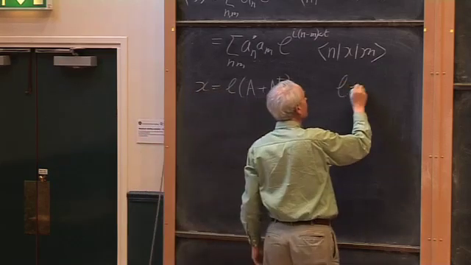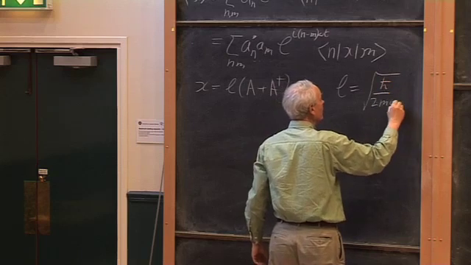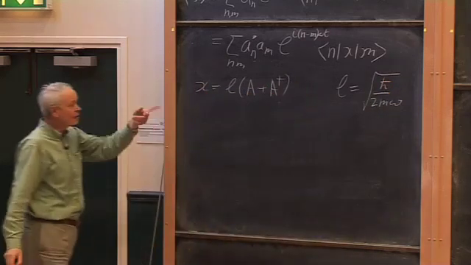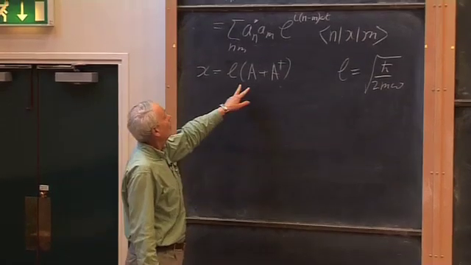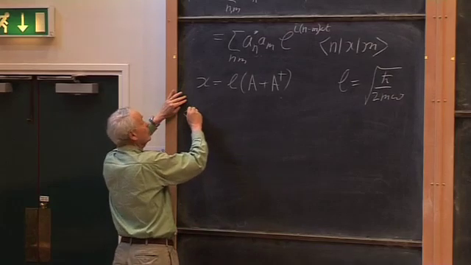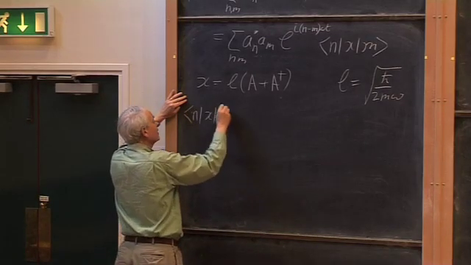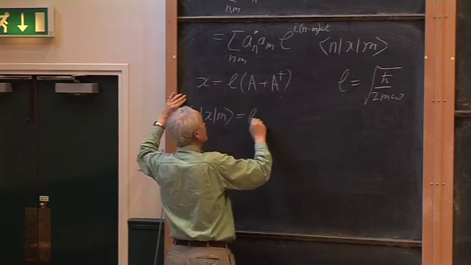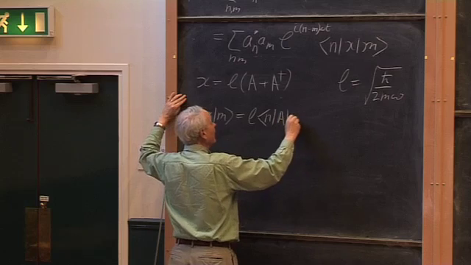It's the square root of h bar over 2 m omega, the characteristic length. And we also saw what happened when we took an expectation value while we were doing a slightly harder problem yesterday. So this is going to be very straightforward now.